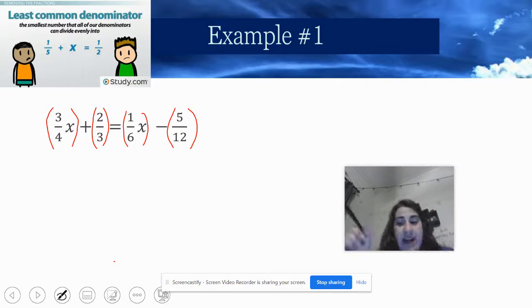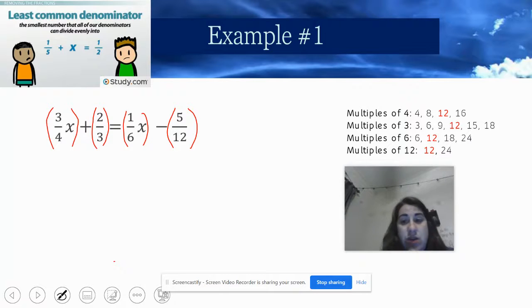Now, I need to find a common denominator between 4, 3, 6, and 12. So I wrote out all the multiples, and here I have my common denominator of 12. Each of these fractions, I'm going to multiply by 12.